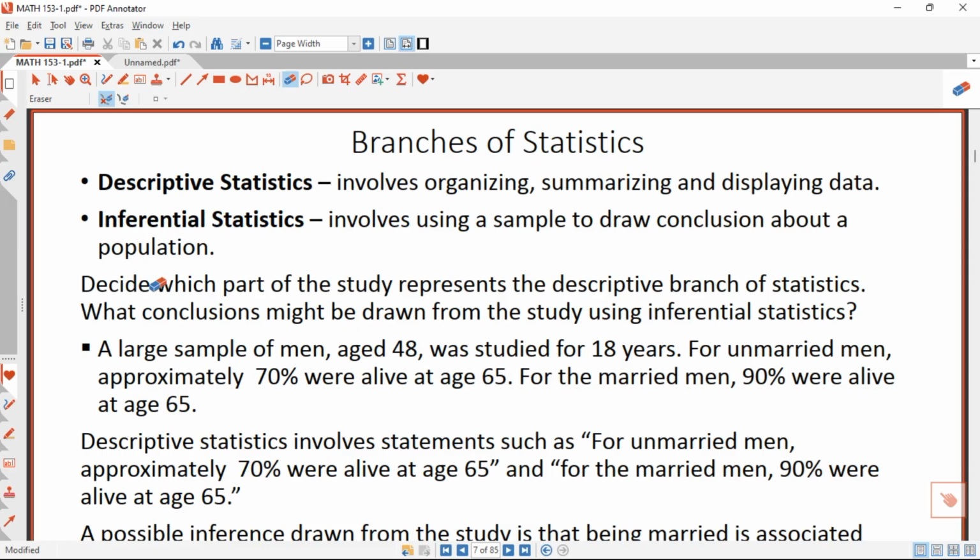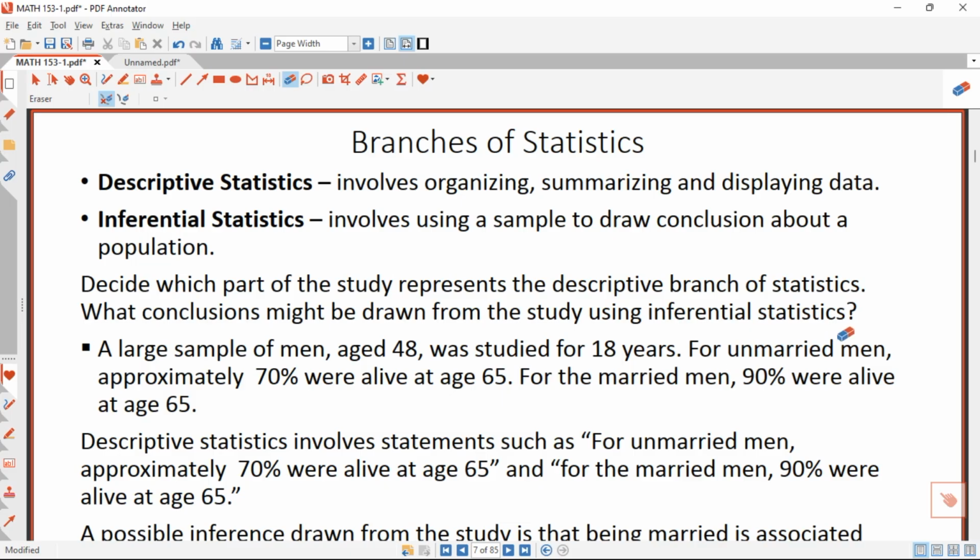So for example, decide which part of the study represents the descriptive branch of statistics, and which conclusion might be drawn from the study using inferential statistics. So this is the study that they have given us. They want us to share our thoughts on the descriptive branch of statistics and inferential statistics. So let's read. It said a large sample of men age 48 was studied for 18 years.